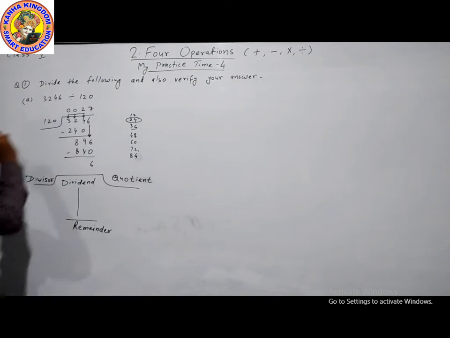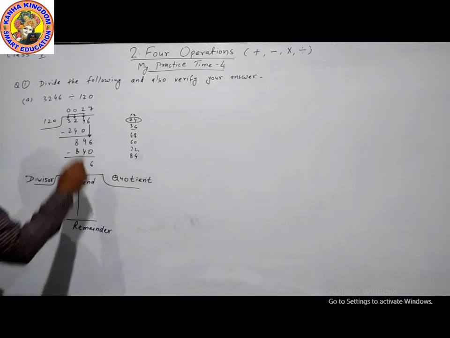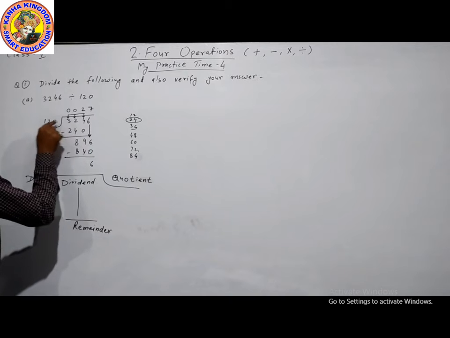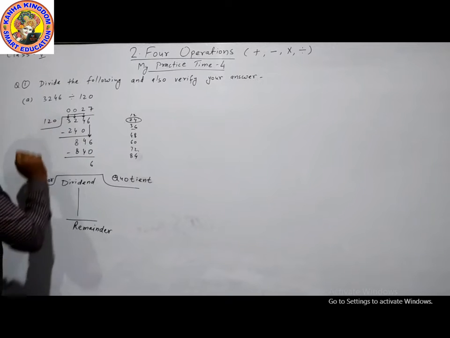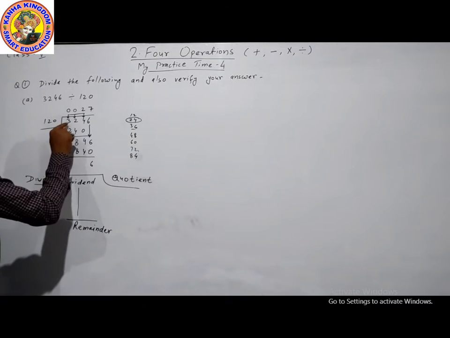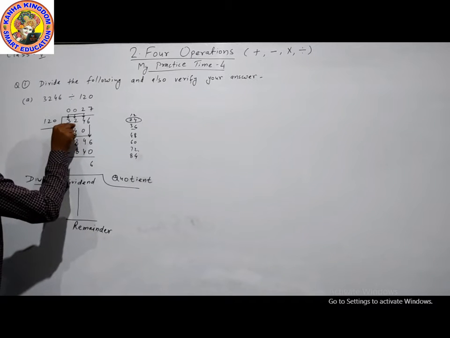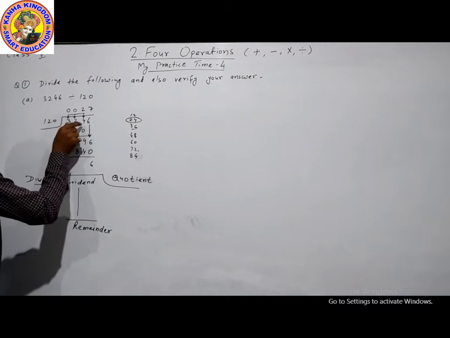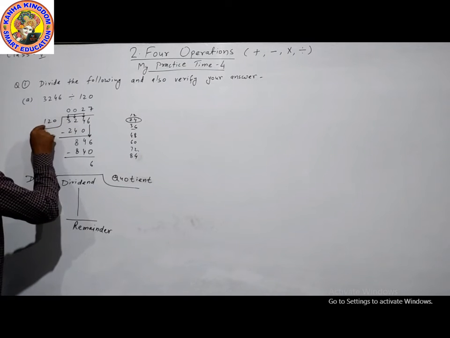Let's take a look at this division. Here is 120. The first digit is 3. 3 is less than 120, so we cannot divide, so 0 will be placed here. Now we attach two digits. Here is 32, here is 120. We cannot divide, here 0 is placed. Now we will attach three digits. 324, here is 120.